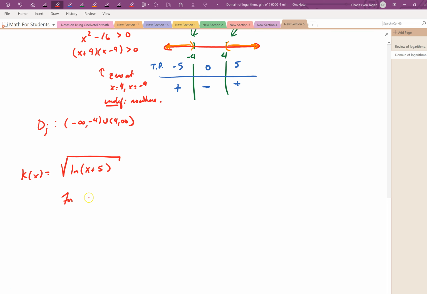So for the natural log, what do we need? We need x plus 5 to be greater than 0, which means we need x to be greater than negative 5. Okay.